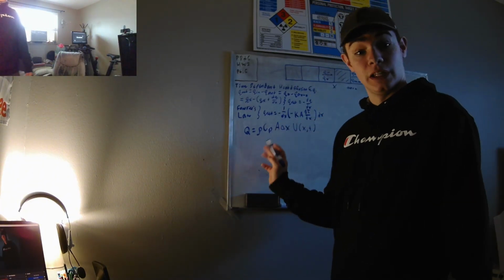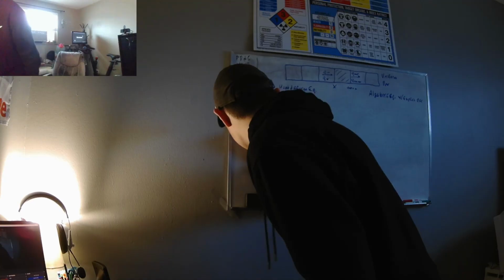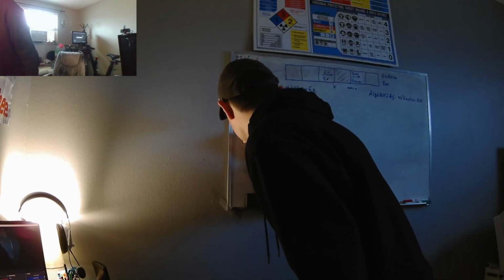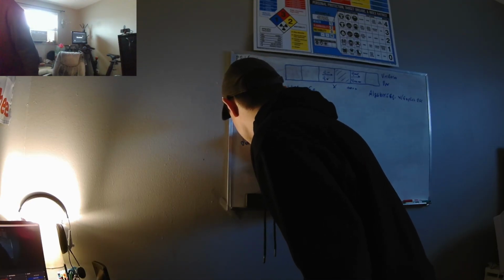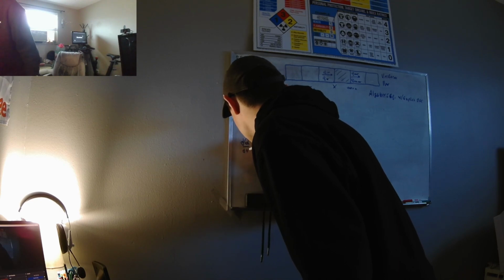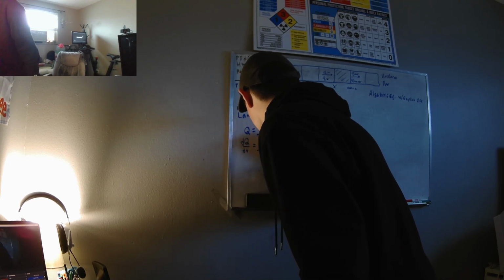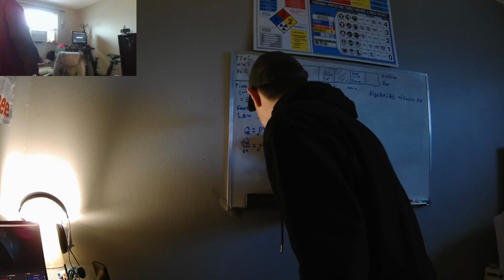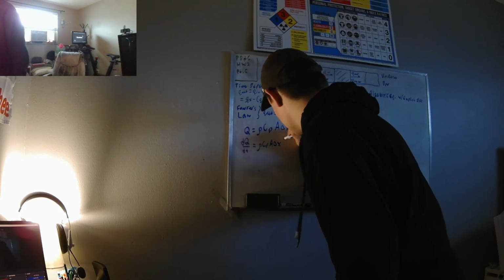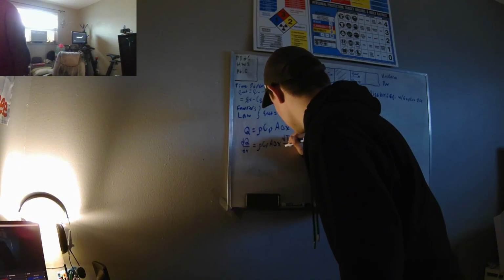Now, if we take the derivative of this expression with respect to time, we get dQ/dt equals rho Cp times cross-sectional area times dT/dt.